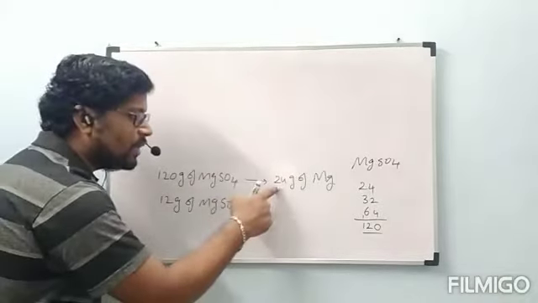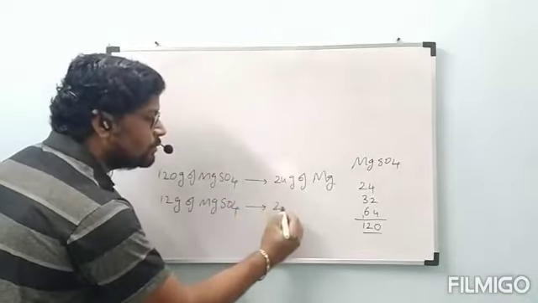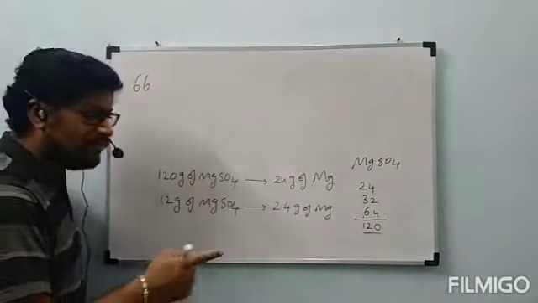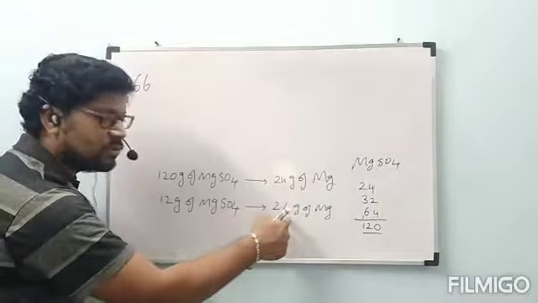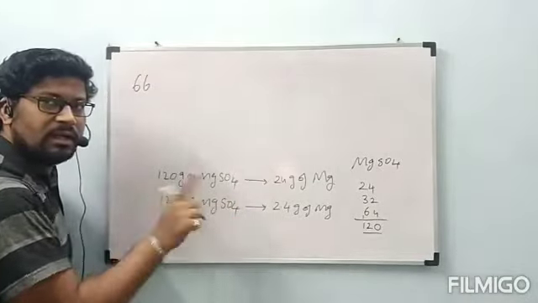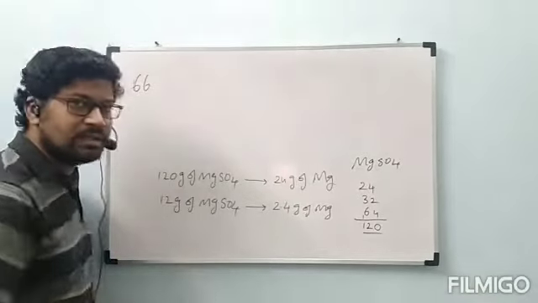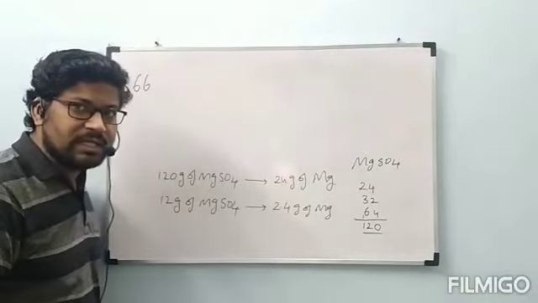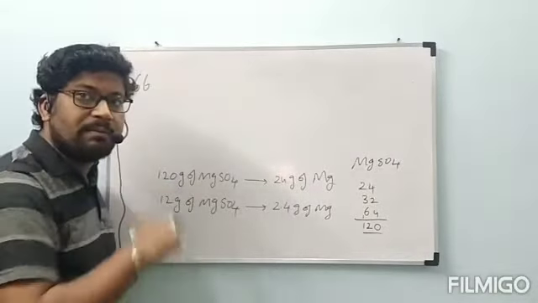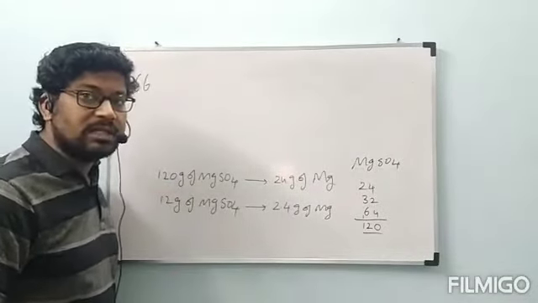Like that, 24 divided by 10, we get 2.4 grams of magnesium. I have done it directly. If you want, cross multiply and divide by 120, you will get the same answer: 2.4 grams of magnesium. Then this 2.4 grams of magnesium should be obtained from how much MgCO3?